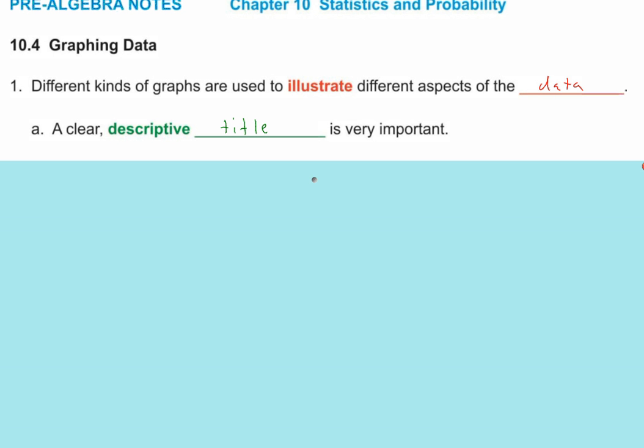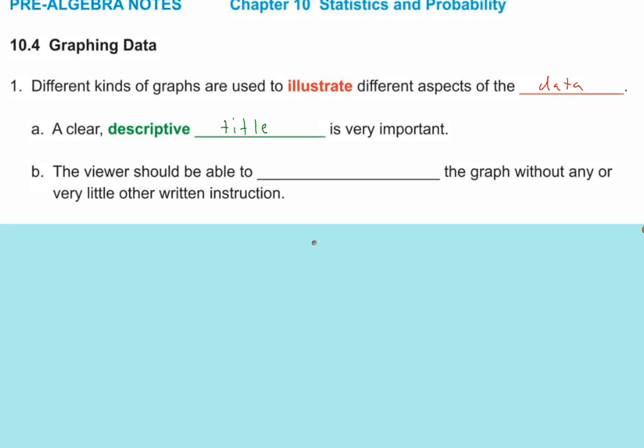Please remember the idea of a graph is for an individual to look at it without any instruction and know what's going on. And the people that write good graphs, that's the case. Somebody can look at their graph and understand exactly what's going on from the graph. Those that have poor graphs, it's not so easy. And you definitely need a title to be able to know what's going on, that's for sure.